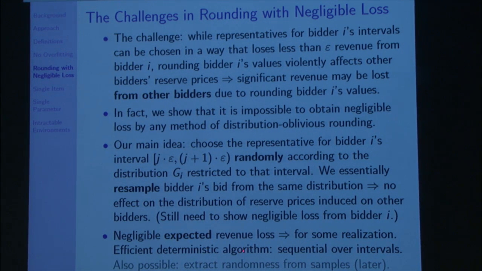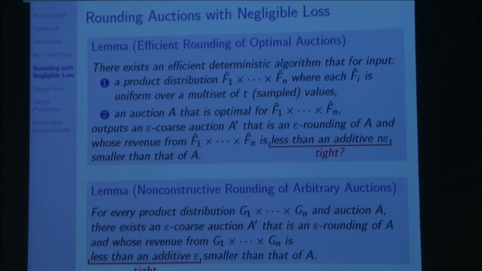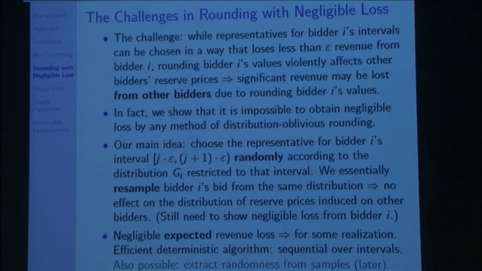For that to work, the reason that I told you that we make two assumptions in this lemma is: first of all, that everything is discrete, and second of all, that A is Myersonian. In order to do this thing of finding the best representative for each interval and moving on, to know that we found the best representative, we need a way to evaluate the expected revenue given a specific choice of a representative.